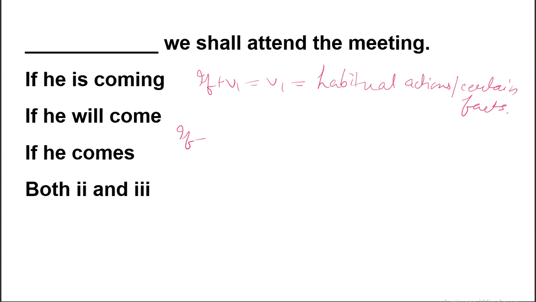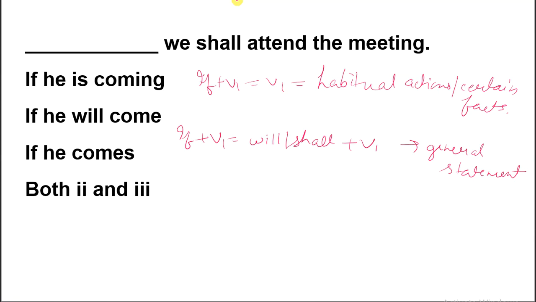Next, if plus V1 equals will or shall plus V1. Whenever you are getting a general statement, you will be getting if plus V1 equals will/shall plus V1.